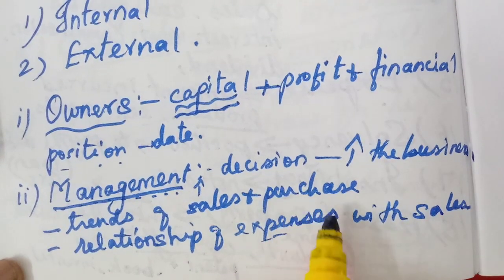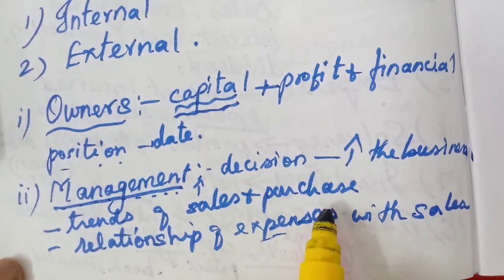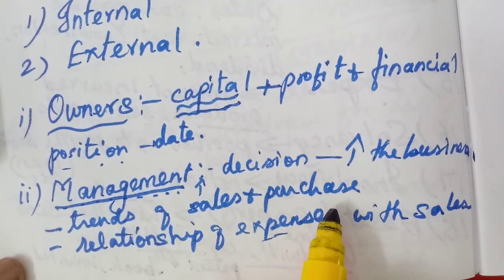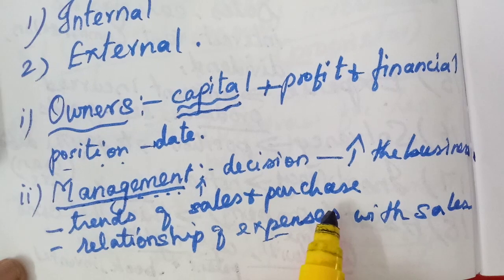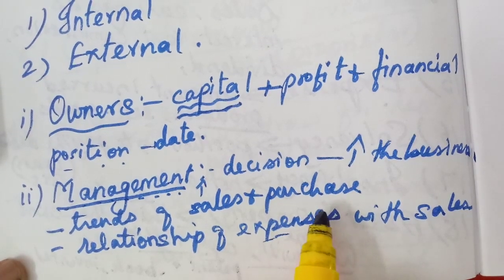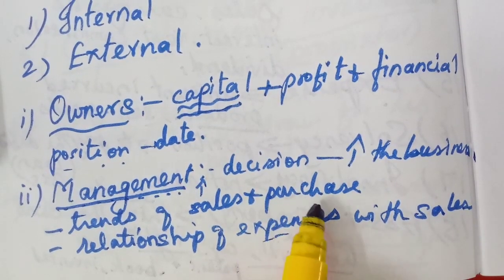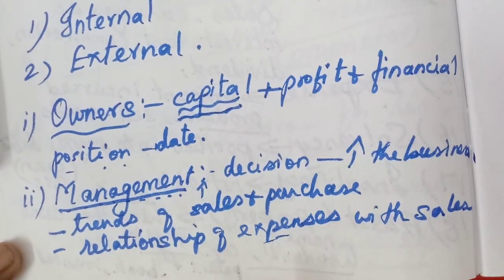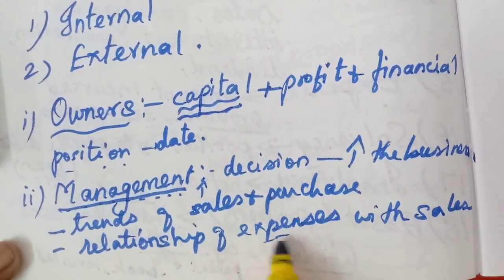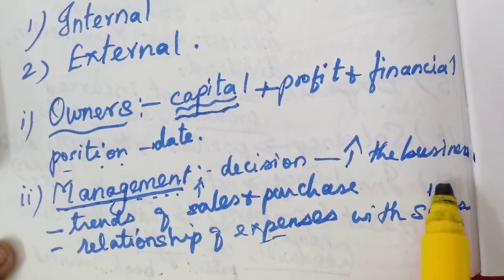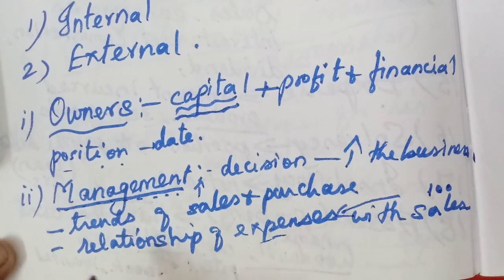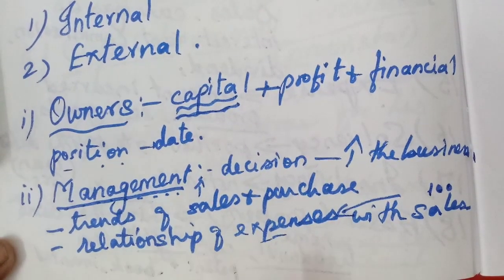Then the purchases, whether they are decreasing because the production has some obstacles, we are not able to produce continuously due to the shortage of labor. Whatever it may be, they will analyze. The trend of sale and purchase, then the relationship of expense. So for 100 units of sales, how much they have spent. All these they will analyze.